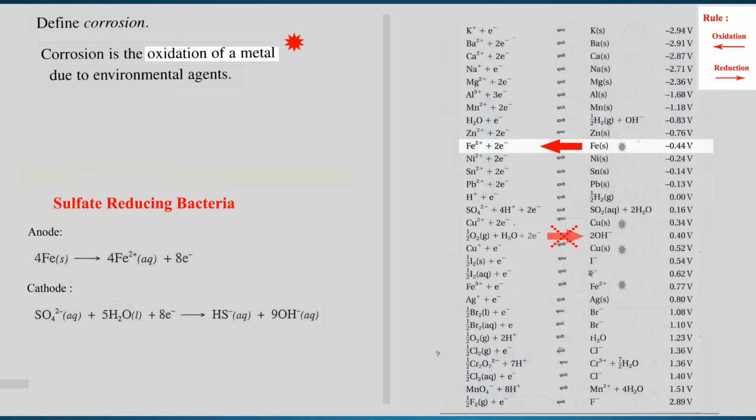So what would it be oxidized by? So you have this sulfate reducing bacteria. The oxidation is of the iron. And the sulfate reducing bacteria use the sulfate in the deep ocean, combined with water, to form HS- and OH-. And that's how the sulfate reducing bacteria form rust.